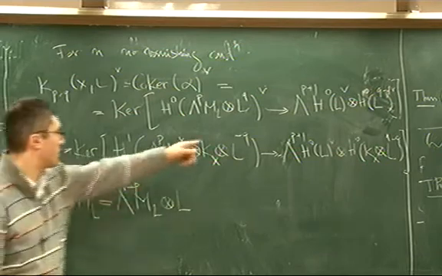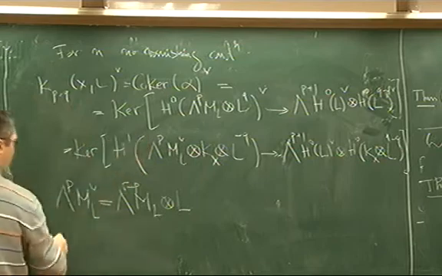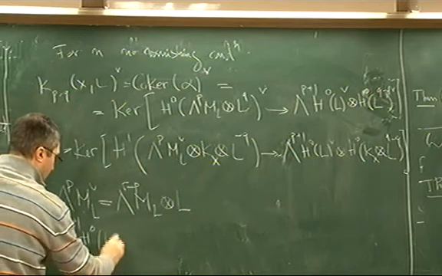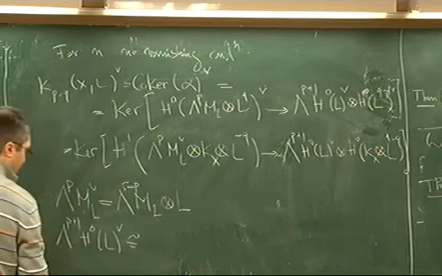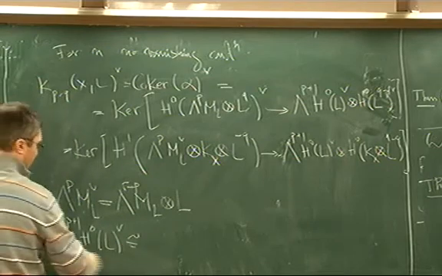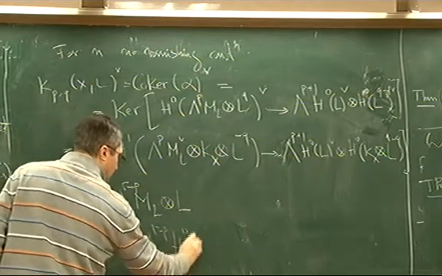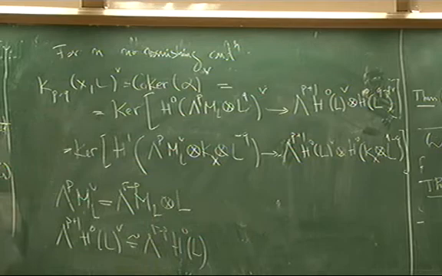So we can just replace. And likewise, wedge^{p+1} H^0(L) dual is isomorphic to, since this is r plus 1 dimensional, wedge^{r-p} H^0(L). Right?